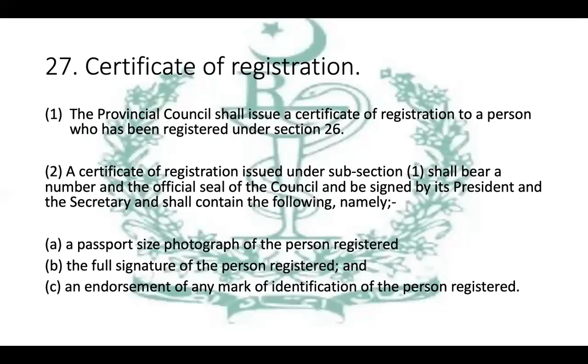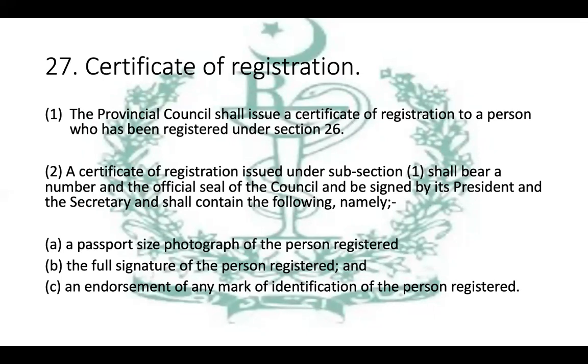Second, the official seal of the council, the stamp of the council. Third, it must be signed by the president of the council and the secretary. So there are two signatories on the certificate: one is the president, and the other is the secretary who is appointed under the section, the secretary of that provincial council. So the first things to check are the number, the official seal, and the president's and secretary's signatures.